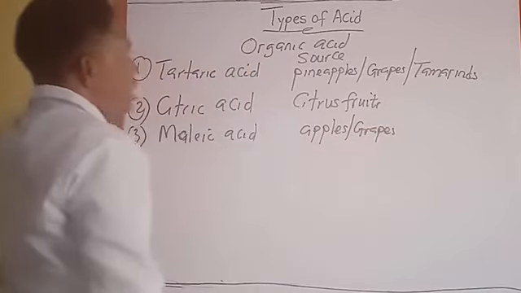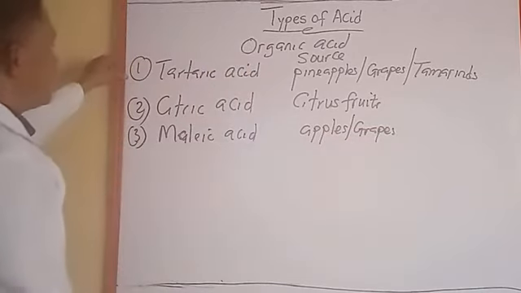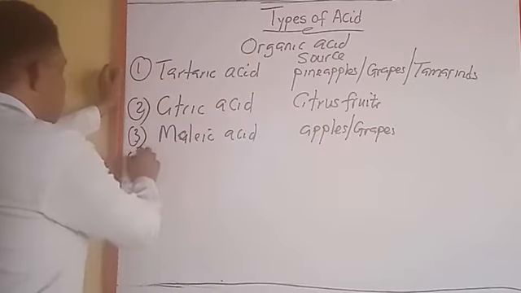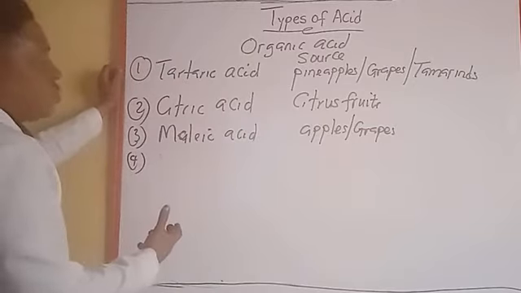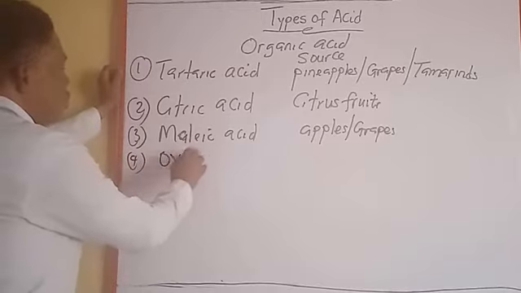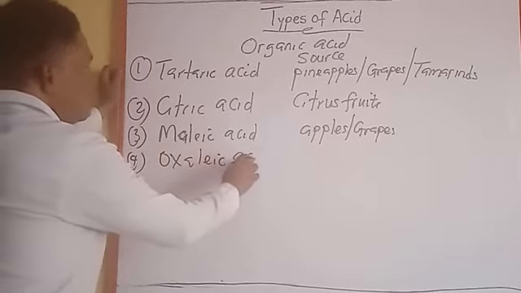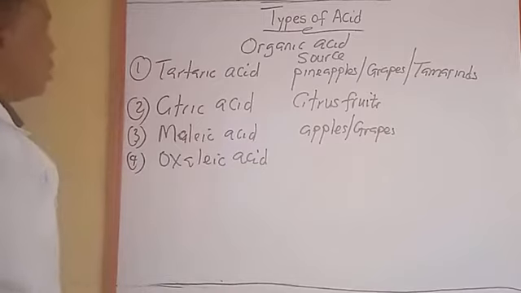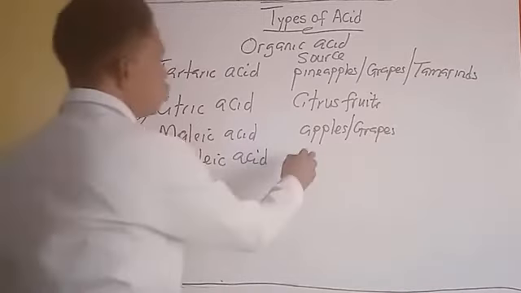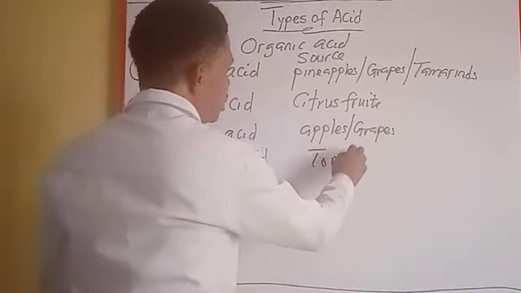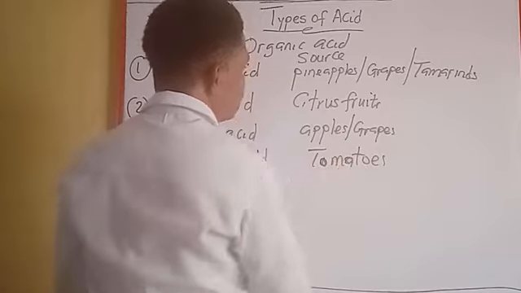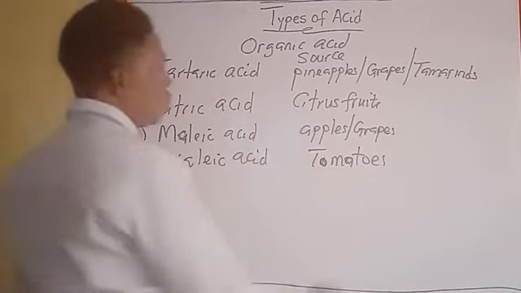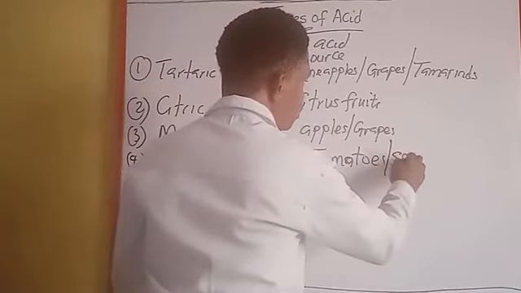Also, number four, we have what we call oxalic acid. This oxalic acid can be found in tomatoes or spinach. You can also get it in spinach.